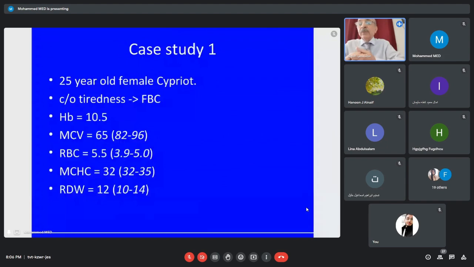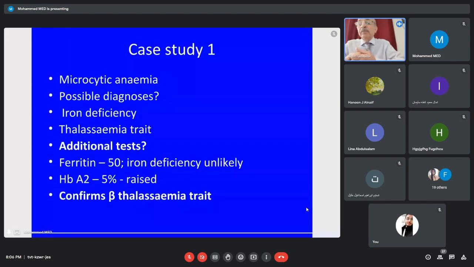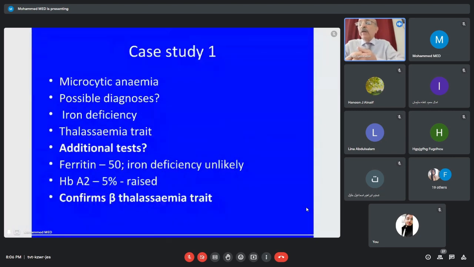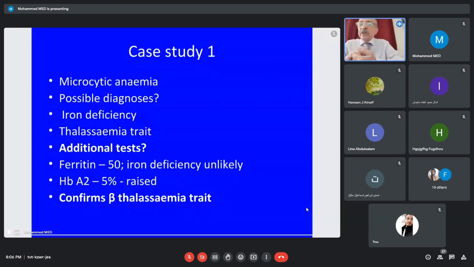Next slide, please. The next slide is how do we analyze the case and how do we further our investigations, okay? So what's said here in the next slide, microcytic anemia, and we did say this. What is the possible diagnosis? The possible diagnosis, number one, is iron deficiency anemia. Number two is thalassemia.